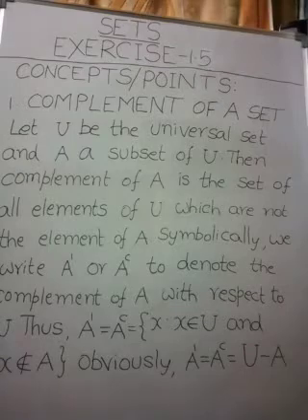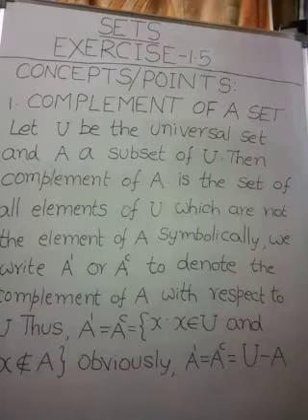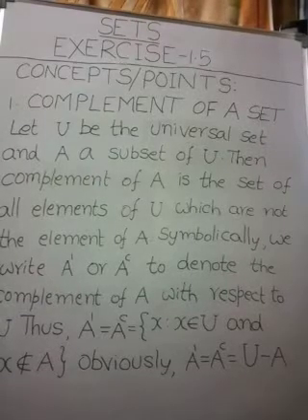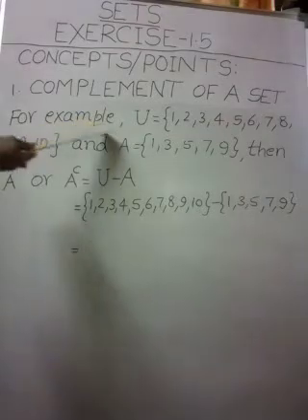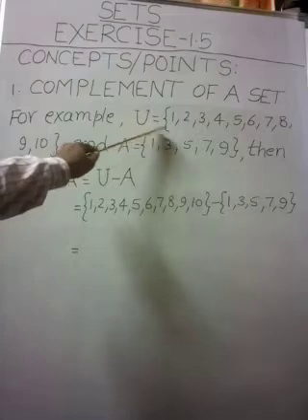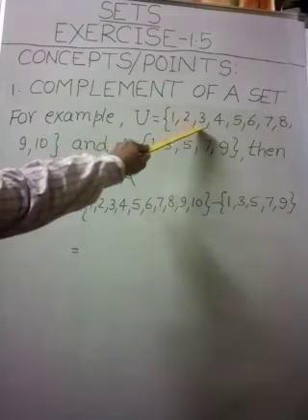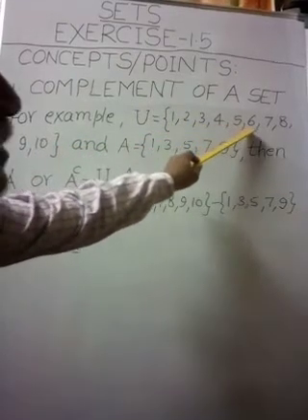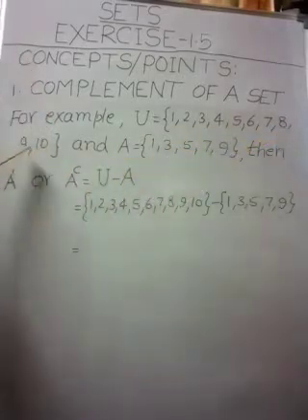Okay, my dear children, let us take an example to understand this definition clearly. For example, universal set U is equal to the set 1, 2, 3, 4, 5, 6, 7, 8, 9, 10.